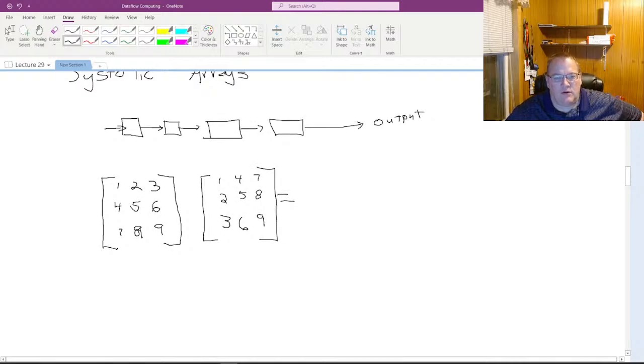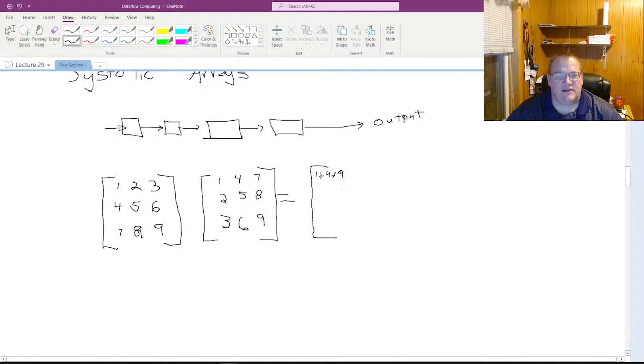Okay, so we have a value here. And that value is these 3 times these 3 added together. So 1 times 1, plus 2 times 2, 4, plus 3 times 3, 9.